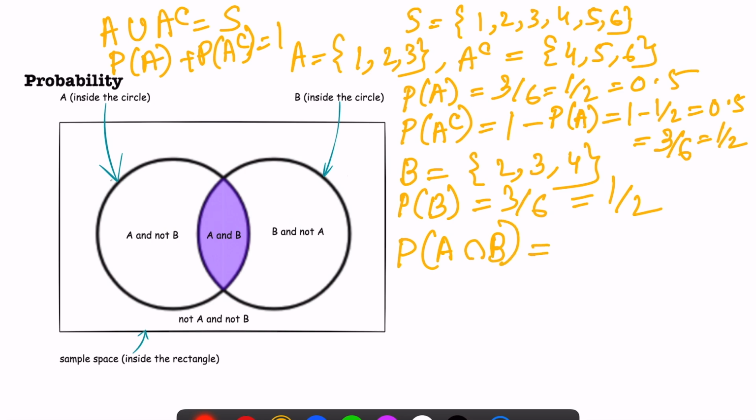The elements present in both A and B make up A intersection B. We have 2, 3, 4 and 1, 2, 3. So 2 and 3 are present in both A and B. So A intersection B is 2 and 3. So the probability of A intersection B will be 2 out of 6, that is 1/3.